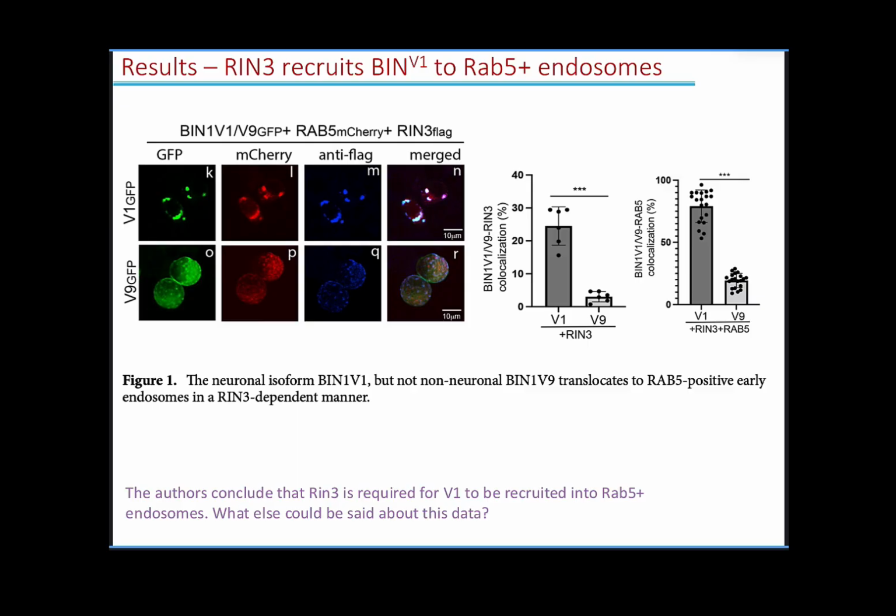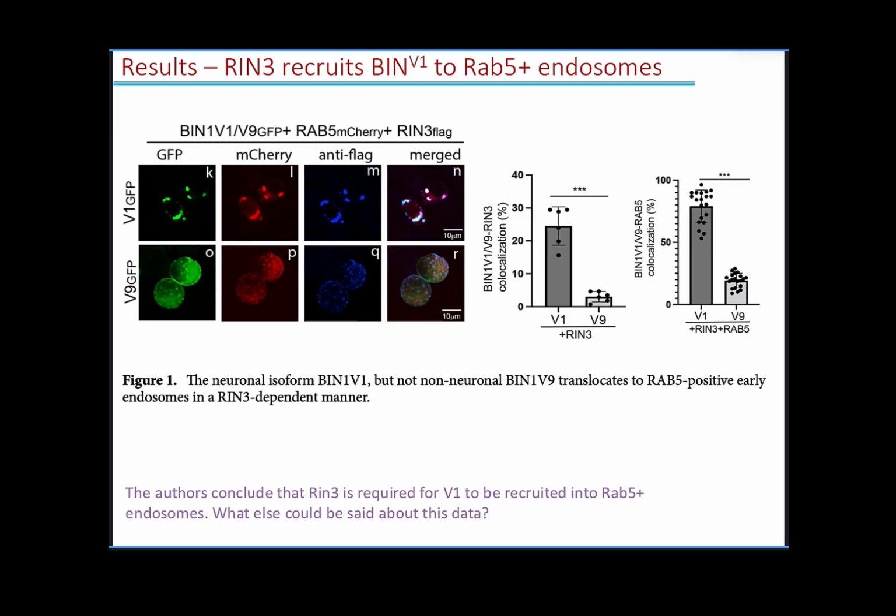All right, so the bar graphs to the right are simply quantifications of what the microscopy images showed. These are confocal microscopy images. And yeah, as we can appreciate with our own eyes, what they see is that V1 is much more frequently co-localized with Rin3 and with RAP5 than V9.